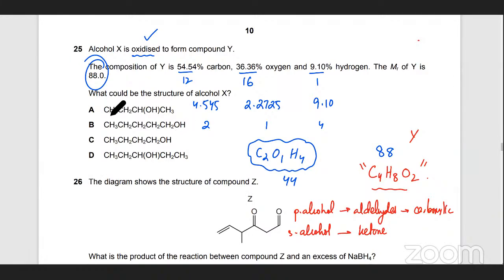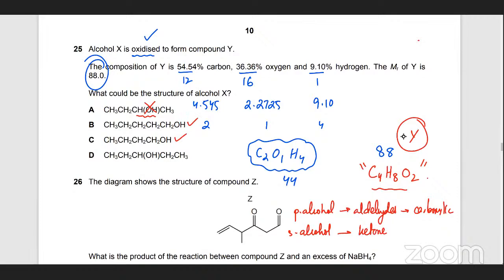So if you look at this molecule, is this a primary alcohol or a secondary alcohol? Secondary. This one is a secondary alcohol because the OH is right in the middle of the chain, and it's going to get oxidized to a ketone. A ketone is going to have 1 oxygen, so that is not the answer because your Y has 2 oxygens. Now this one is a primary alcohol.